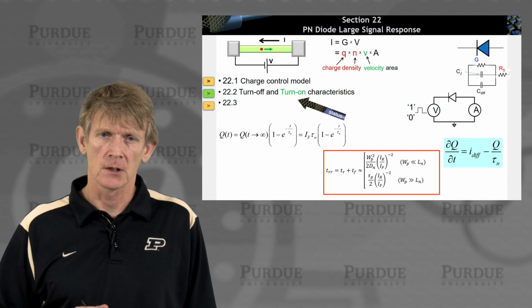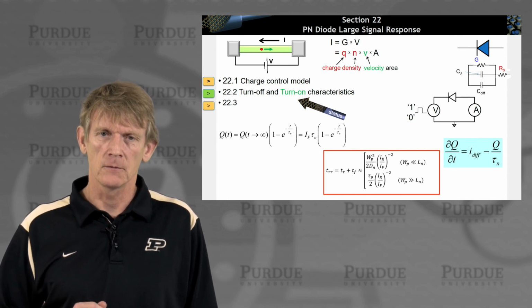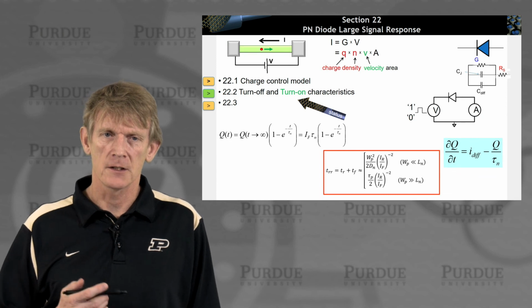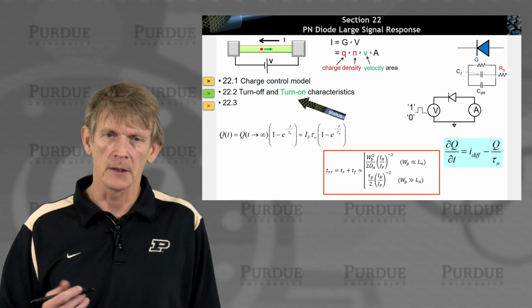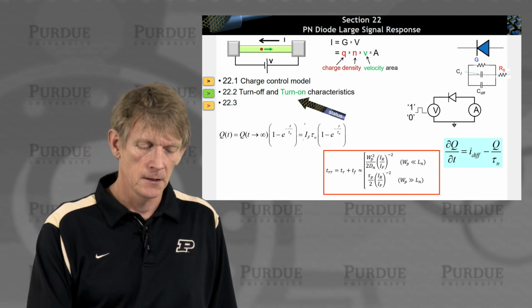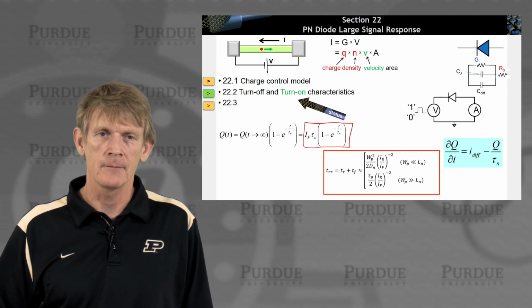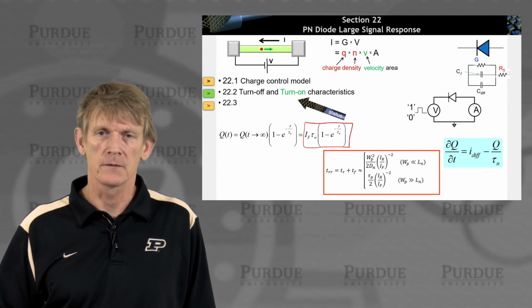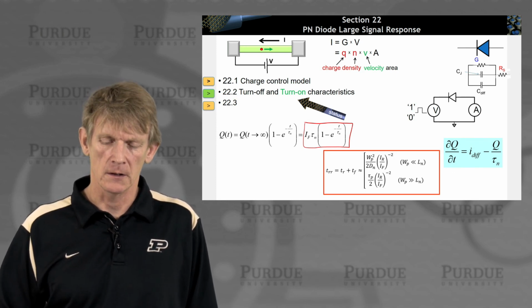All right, so this was pretty rapid on the turn-on. Again, the idea was you start from 0 minority carriers and build up the final minority carriers through this differential expression, and you see the control charge grow in time up to the final point of being fully charged by a forward current.